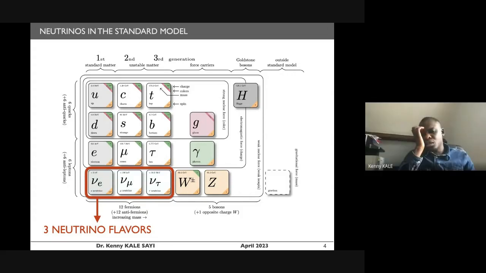Then you see in the far right, on the top, this H, which is the Higgs boson particle. It's a very important particle that was discovered in 2012 at CERN. It was predicted 50 years before by Higgs, Brout, and Englert.